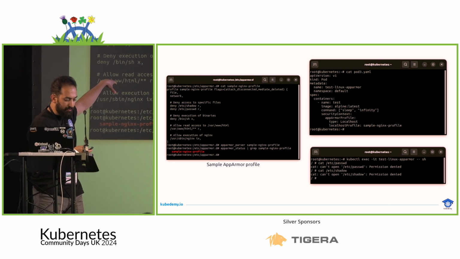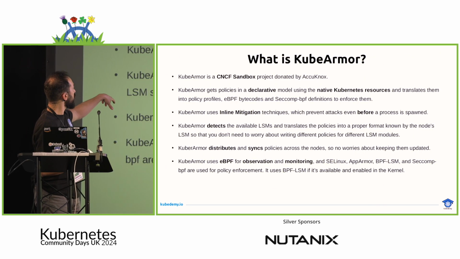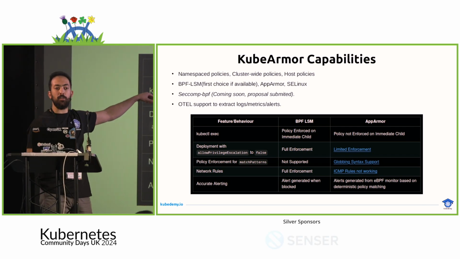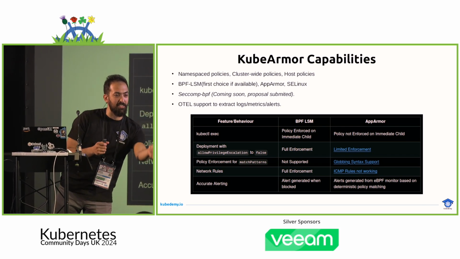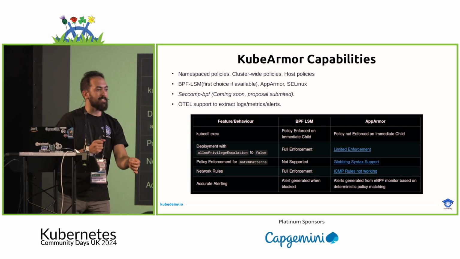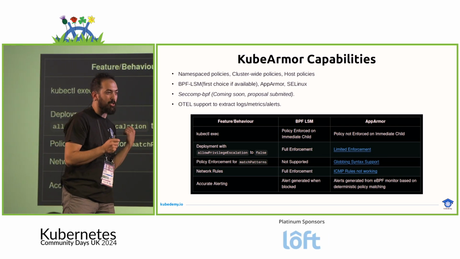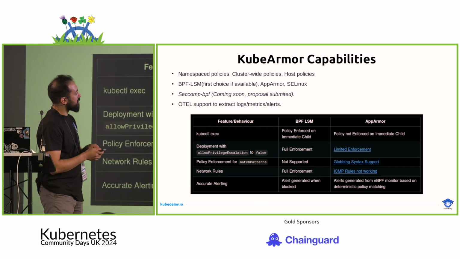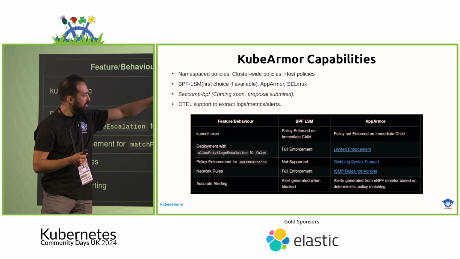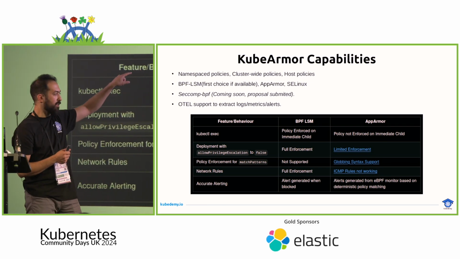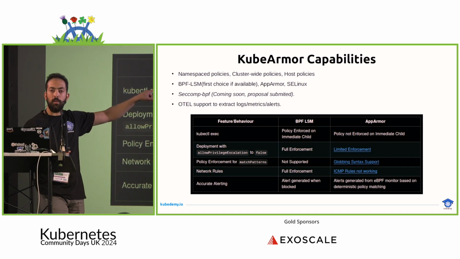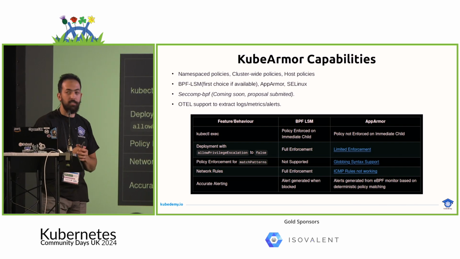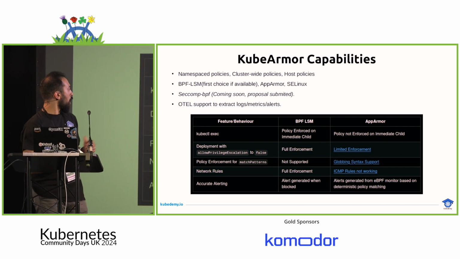But with this profile, if you try to do the kubectl exec command and try to execute sh, the system allows you to execute the sh command. It's because the immediate child is not enforced by AppArmor. But when we use the BPF LSM, it denies when you try to use the kubectl exec command.